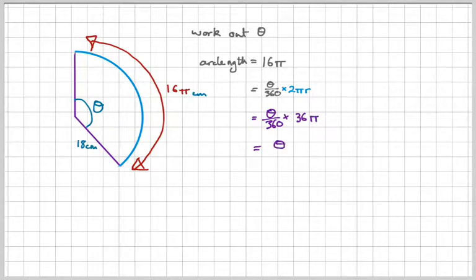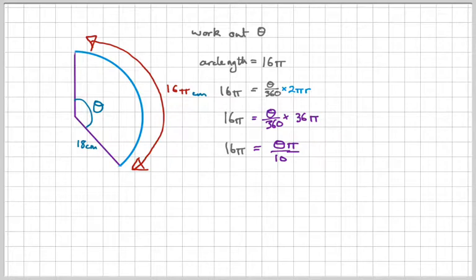Simplifying slightly, this could be written as theta over 10 times pi, because 36 divided by 360 is a tenth. This is the formula for the arc length, and we know the arc length is 16 pi, so I'm going to write the left-hand side as 16 pi.